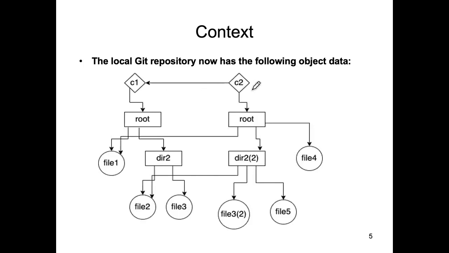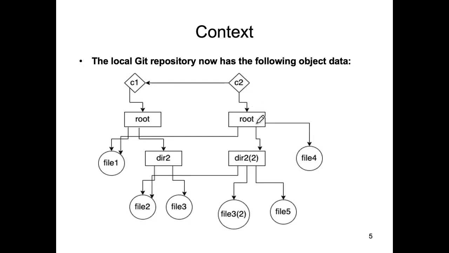Now my network is getting a bit more complicated. So this is the commit corresponding to this new commit that I've just done. It's going to have a reference to its parent commit, and it's going to have a reference to a tree object. This tree object again corresponds to the base directory of our project when we did this commit.